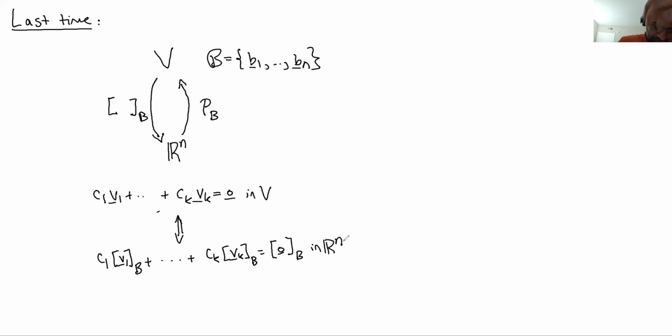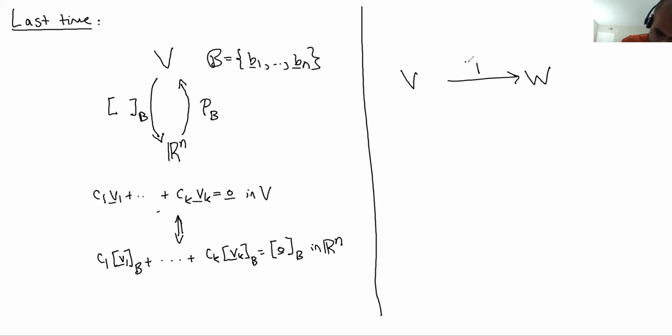Okay, and then in the last lecture, we extended this type of correspondence to linear transformations. So now suppose you have a linear transformation between two vector spaces, V and W. And suppose V has a basis B, which has n elements, and W has a basis C, which has m elements.